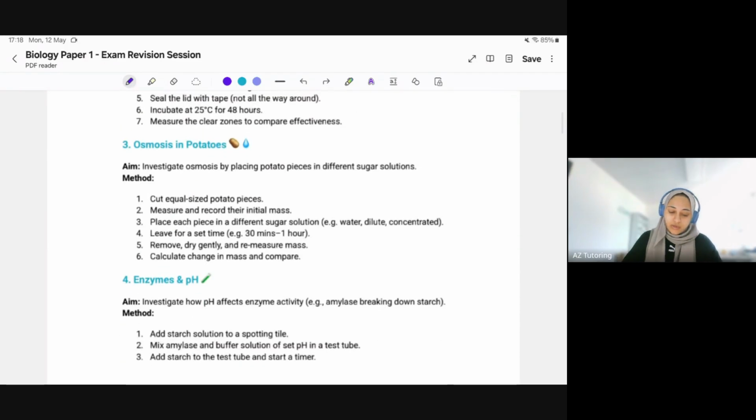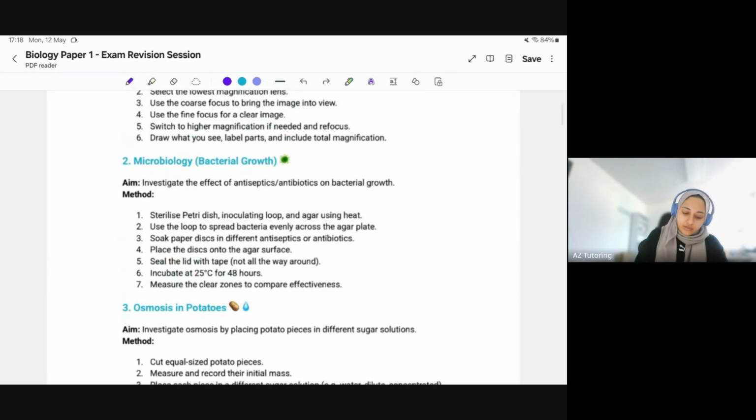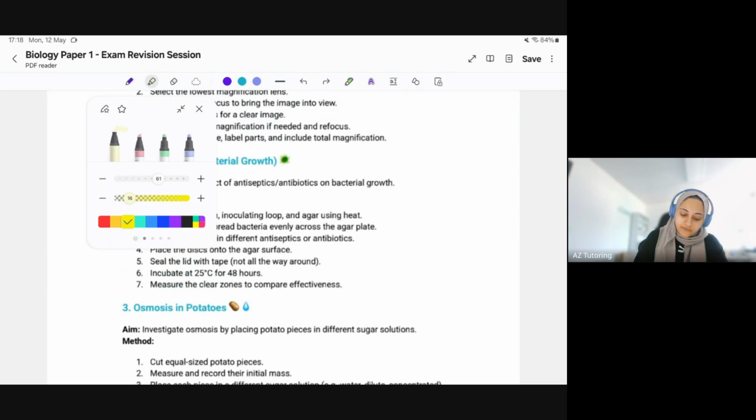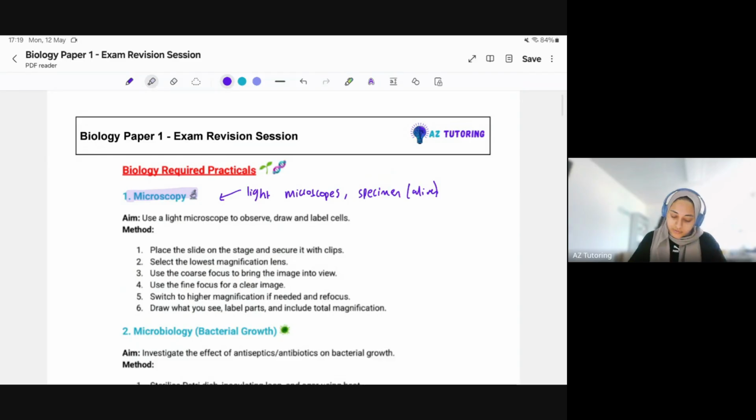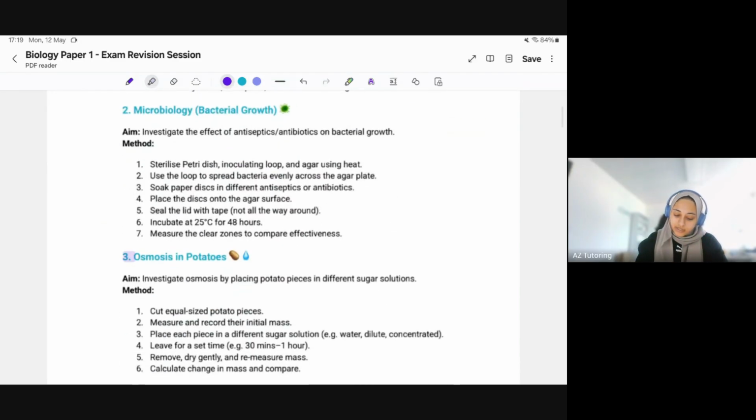Another quite important one, so I'll just highlight the really important ones that you should definitely have in mind. So we've got microscopes, osmosis in potatoes. Remember osmosis, there's different methods you can learn for this, but osmosis is a net movement of water particles.